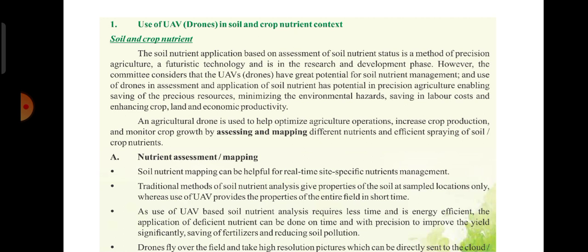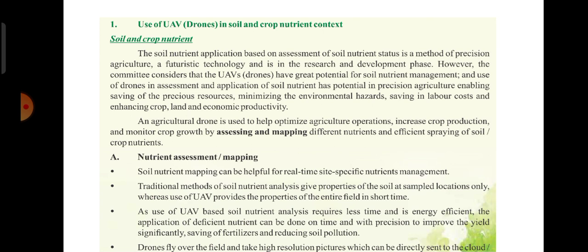However, the committee considers that drones have great potential for soil nutrient management and use of drones in assessment and application of soil nutrients has potential in precision agriculture, enabling saving of precious resources, minimizing environmental hazards, labor cost, enhancing crop land and economic activity.